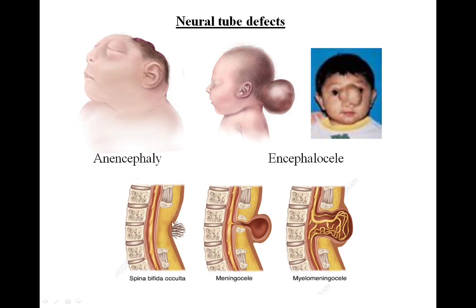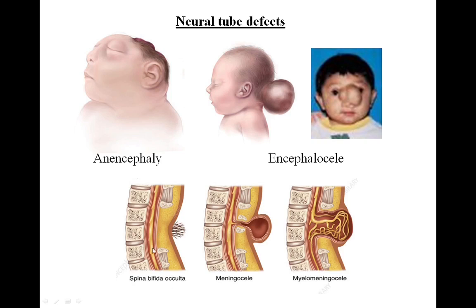But sometimes there may be dark pigmentation at that region, and there may be more hair follicles, which may give rise to a tuft of hair in the region of the defect. That is known as spina bifida occulta. Occulta means hidden spina bifida.